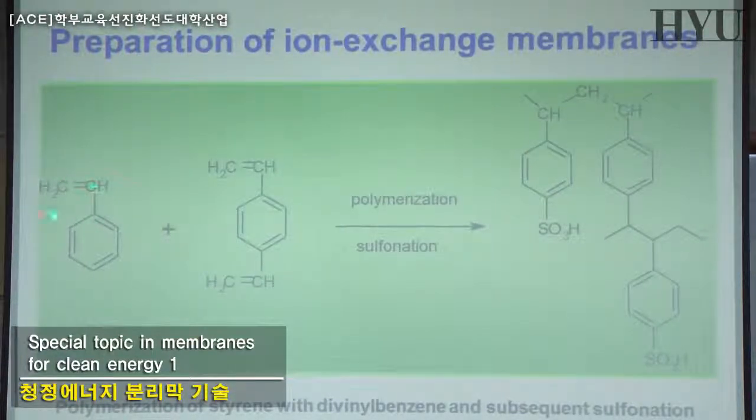If we have only the one vinyl monomer, styrene, we can make polystyrene through vinyl polymerization, radical polymerization or ionic polymerization, whatever you call it. But if you have DVB, with two vinyl groups instead of one, then the extra vinyl group will act as a crosslinker, so that you can make a cross-linked structure.